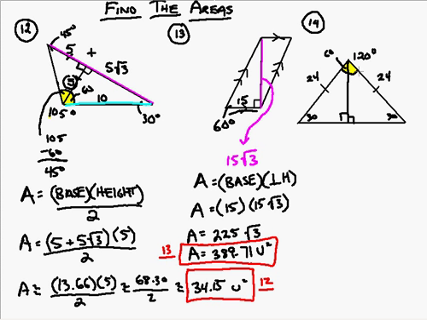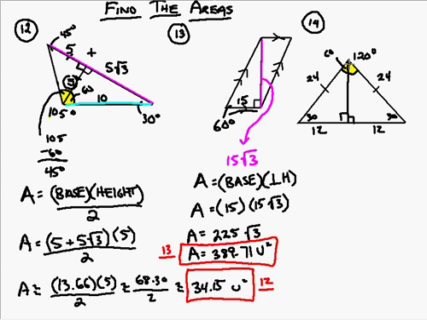Well, if 24 is my hypotenuse, that means my short leg, which is this leg down here, is going to be 12. So that's 12, and that's 12. And then the long leg, which is this length right here, and I'll put that in pink again. Pink seems to be my favorite color today.